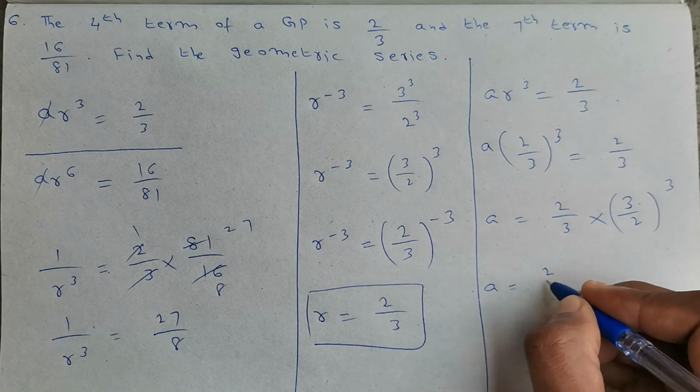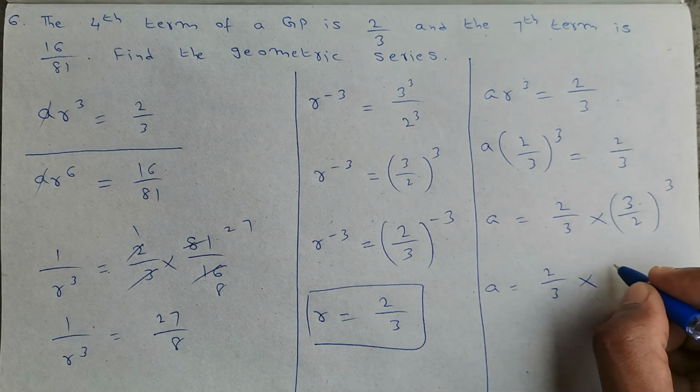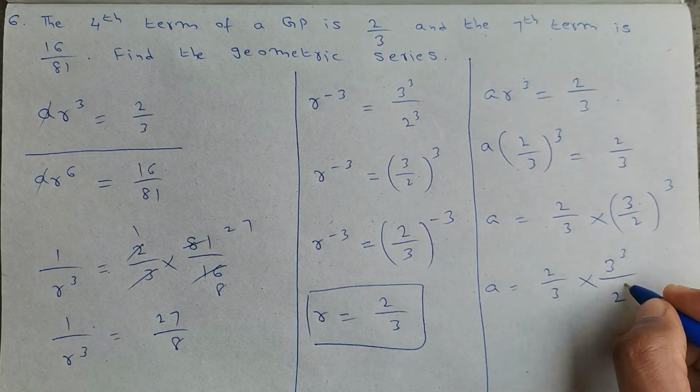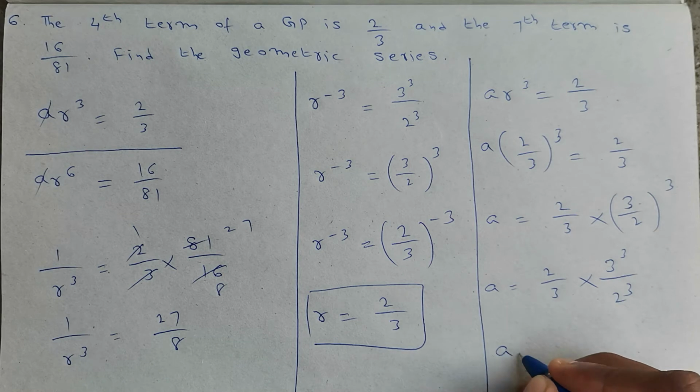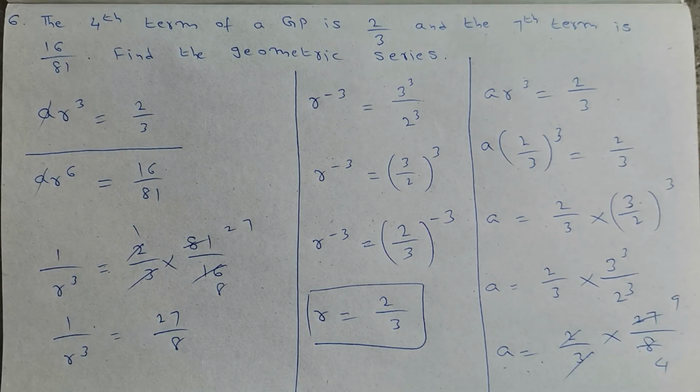So A is equal to 2 by 3 into 3 cube divided by 2 cube. So A is equal to 2 divided by 3 into 27 divided by 8. Simplifying, A is equal to 9 by 4.